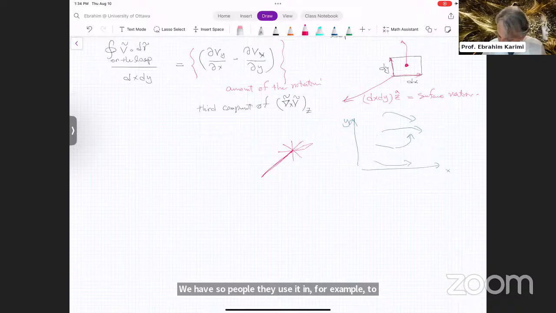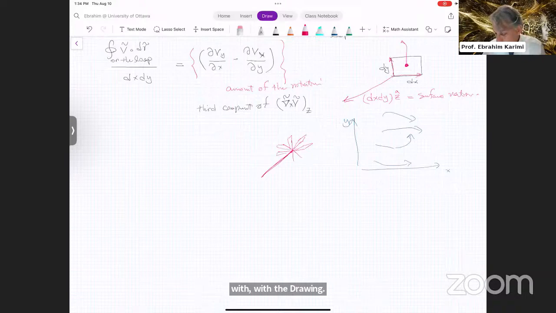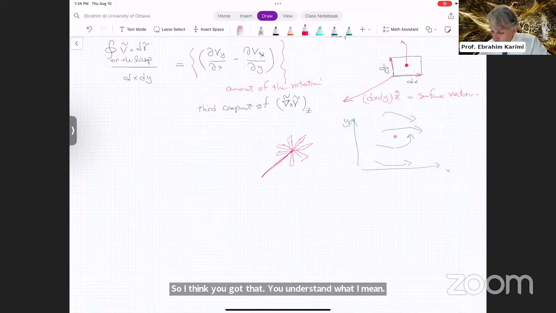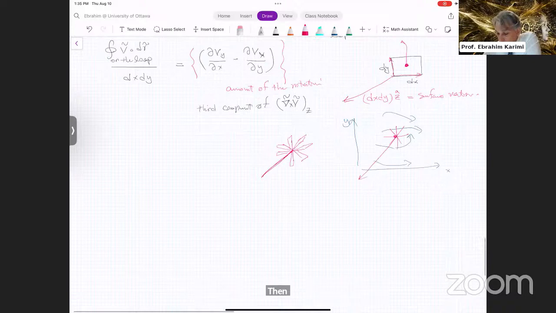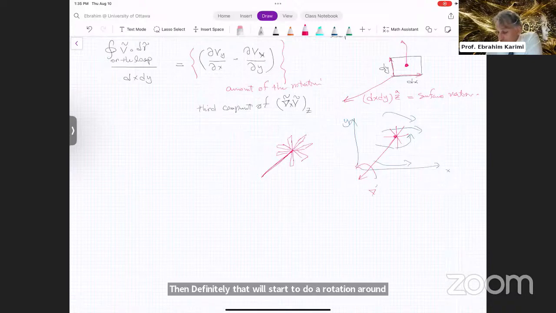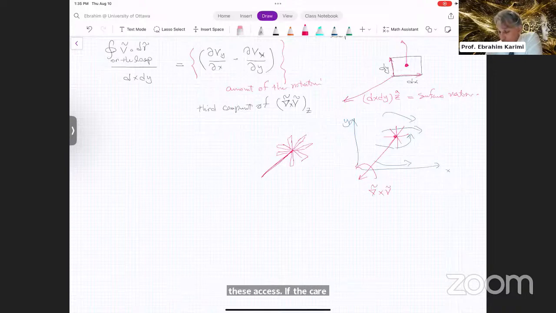I'm terrible with drawing. You understand what I mean, right? If you place one of those pedals here, then definitely it will start to rotate around this axis if the curl of V, which is the velocity of the vectors here, the third component, is not equal to 0.